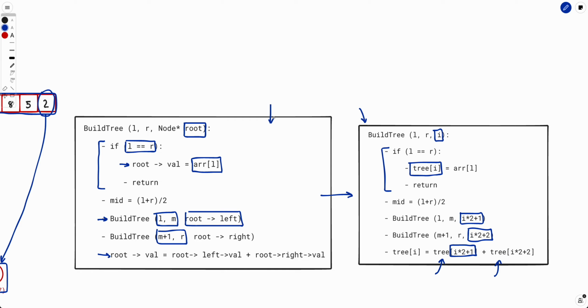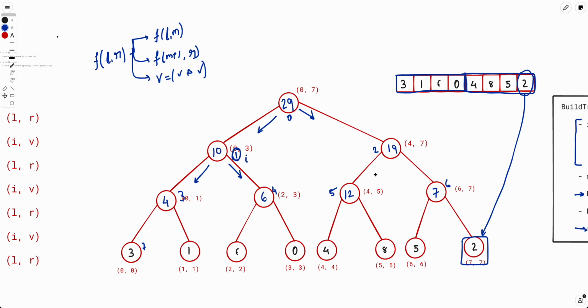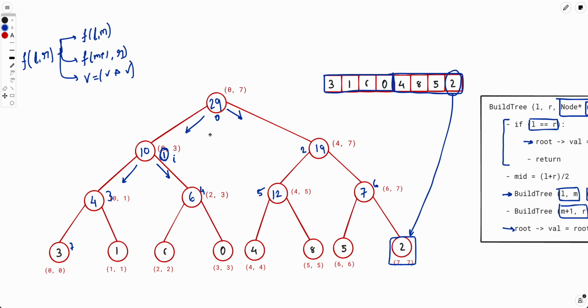Now after that, we realized that dealing with pointers can be very tedious, and also error prone as well. So that's where we converted our actual nodes or the pointers to an index in the array, and we chose the index wisely, such that it always follows the property that left child is equal to I cross 2 plus 1 and right child would be equal to I cross 2 plus 2, right?